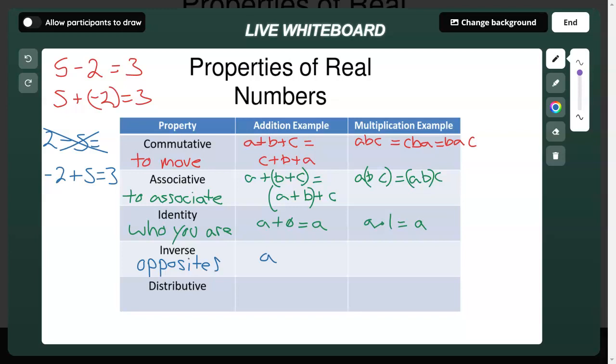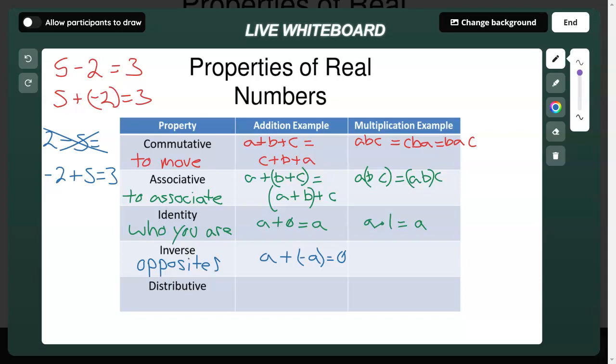So my additive inverse is A plus negative A. When I add a number and its opposite, like 5 and negative 5, what do I end up with? 0. So our additive inverse gives us 0. A number and its opposite adds to 0.